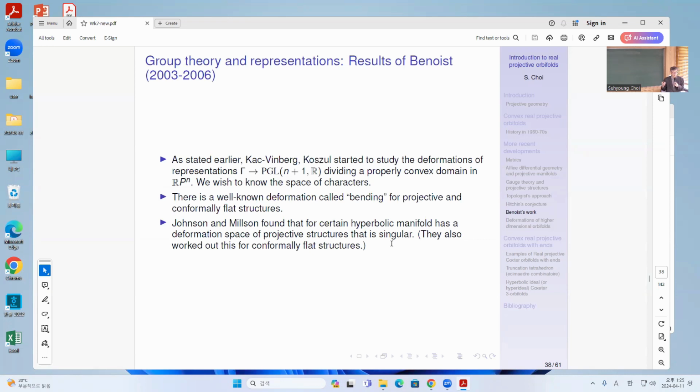Sometimes you can show that these deformation spaces are actually singular, because these totally geodesic sub-hypersurfaces, if you have many of them, may meet in a weird way. If three or more meet, then these will be singular. They also worked this out for conformally flat structures. These are usually arithmetic examples, and Johnson and Millson found many of these examples, and this is also a good reference for character varieties.